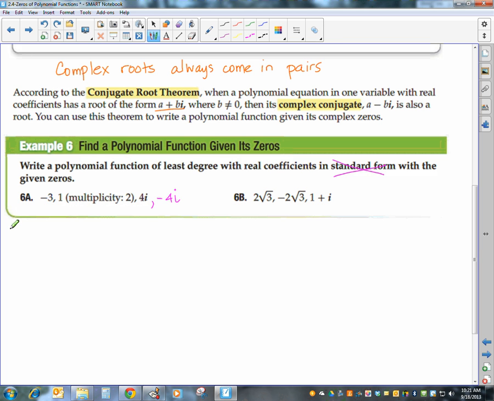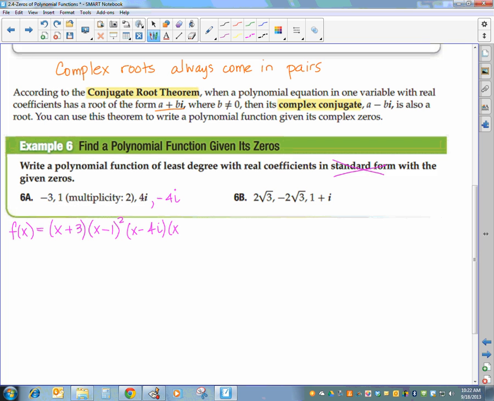So to write my polynomial, f of x equals, remember if it's negative 3, then my factor is the opposite. So it's x plus 3, x minus 1 with the multiplicity of 2 tells me the power is 2 on the factor. And then I have x minus 4i and x plus 4i.